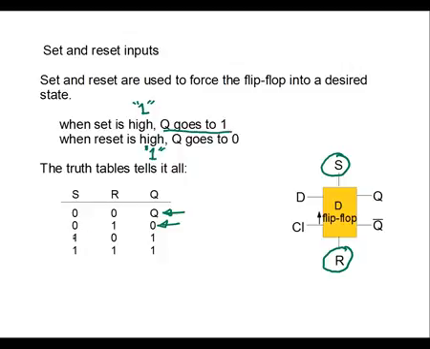Conversely, when set is 1 and the reset is 0, we want to set the flip-flop to a 1. When both of them are 1, which is actually in many cases kind of an illegal state, we're going to set the flip-flop to 1. So we can use set and reset to just change the state of the flip-flop.